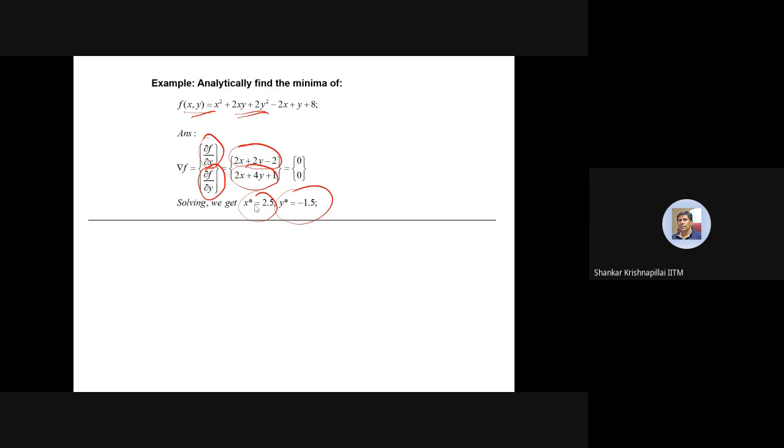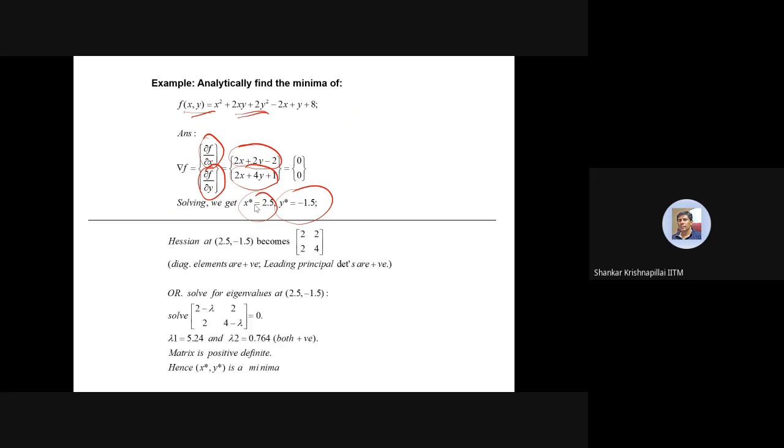This is the stationary point where the slope is 0. Then you have to check if the Hessian matrix is positive definite or positive semi-definite. So you write the Hessian matrix or second derivative matrix at 2.5, 1.5. If you take the eigenvalues, you get one plus and one minus. So this is definitely a saddle point.